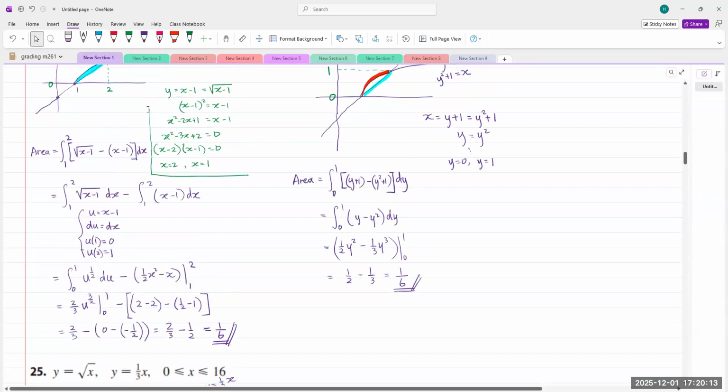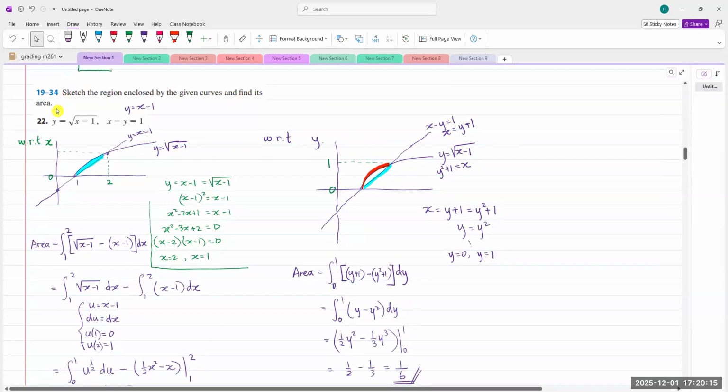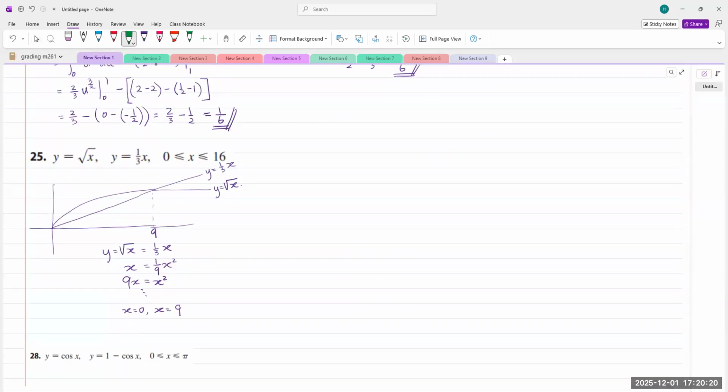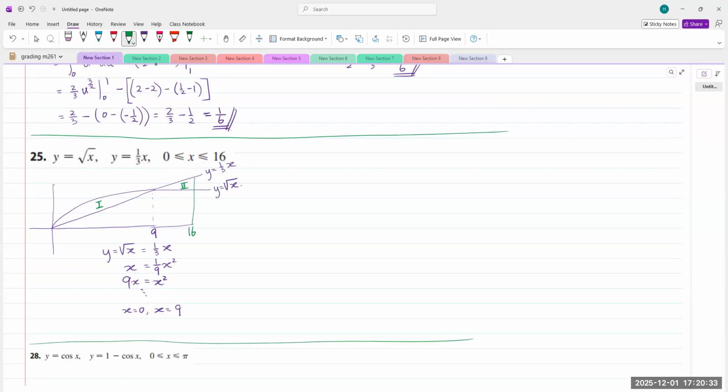However, this question wants us to find the area enclosed by the given curve. Unfortunately, here we want the x up to 16. So there's a switch in between. Call this region 1 and call this region 2. So the area equals area in region 1 plus area in region 2.